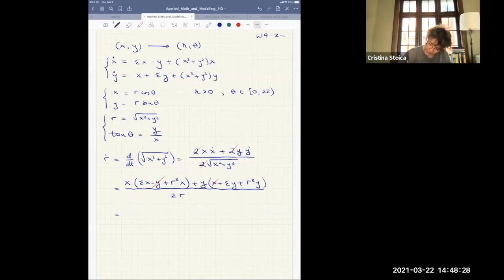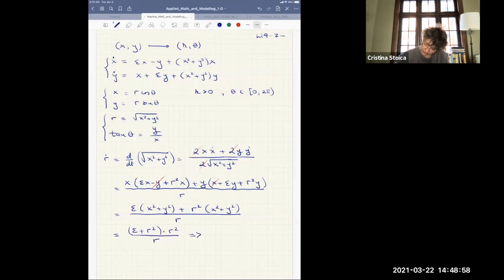So it's epsilon times x squared plus y squared, plus r squared times x squared plus y squared, everything over 2r. No, there is no more 2 over r. So it pops out as epsilon plus r squared times another r squared over r, right?